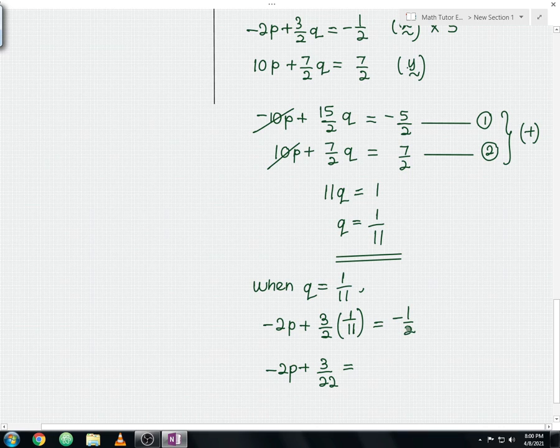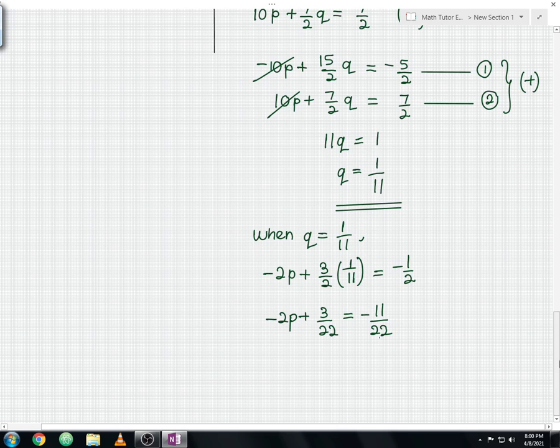So from here you can change this fraction into negative 11 over 22. Okay, so this 3 over 22, you move it over to the right hand side, so it will become negative 3 over 22. So from here negative 2p will be equals to negative 14 over 22.